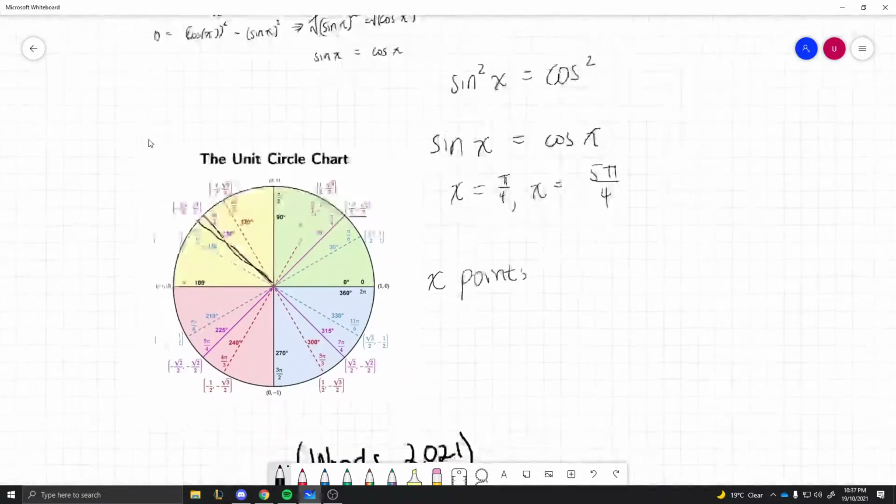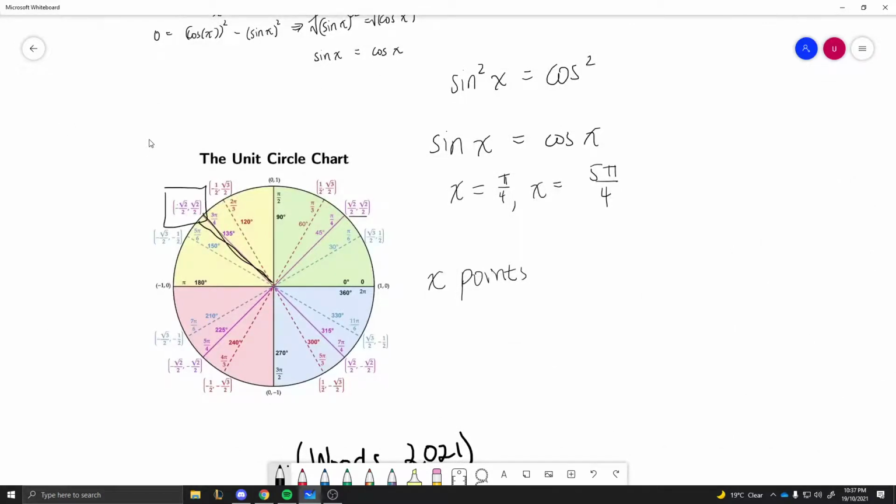Because both are squared in the equation, they end up being positive, and the same with the negatives, they both end up positive too. So that means valid points are these both, but also these points, including 3 pi over 4.